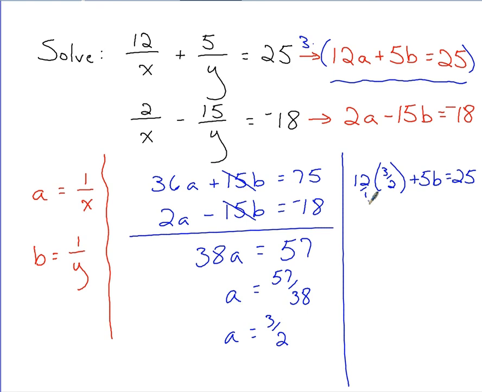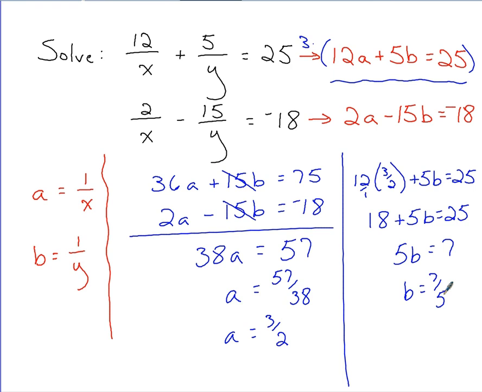This is 12 over 1, so that's going to be 36 over 2, which is going to be 18. You've got 18 plus 5b equals 25. So 5b will equal, subtract 18, that's going to be 7. b is going to equal 7/5.